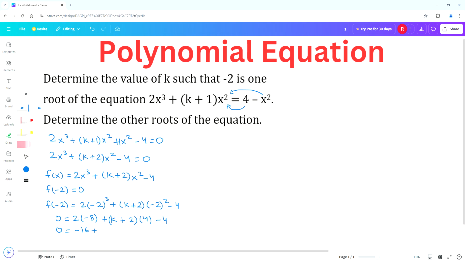We can distribute 4 into the parentheses. Next, we can combine the like terms. -16 plus 8 minus 4 is equal to -12.